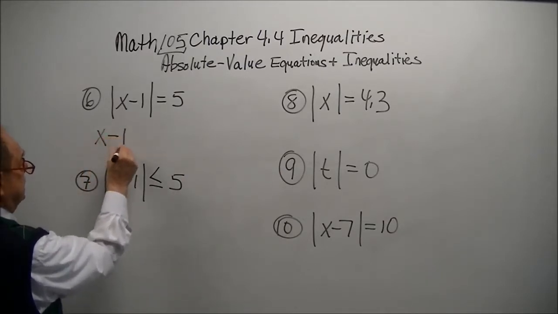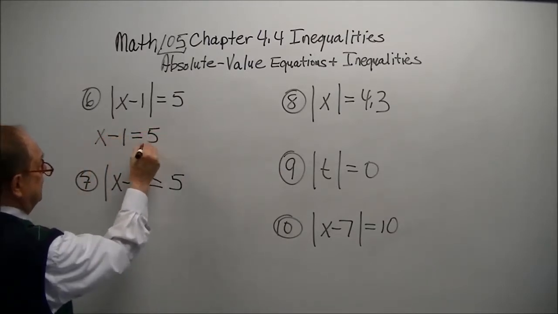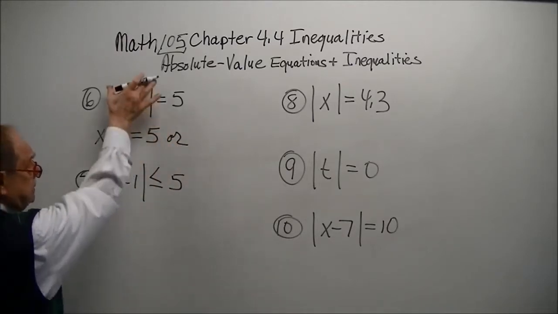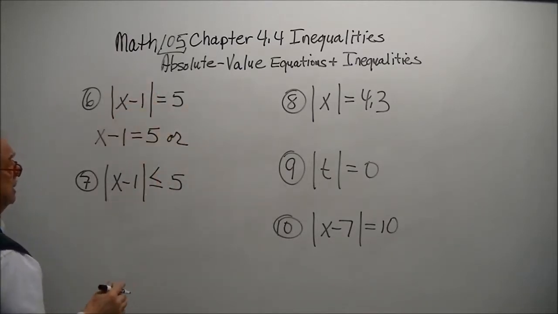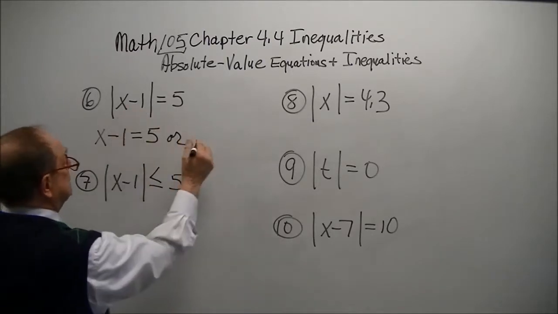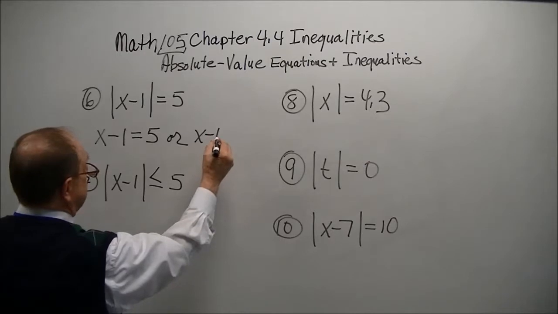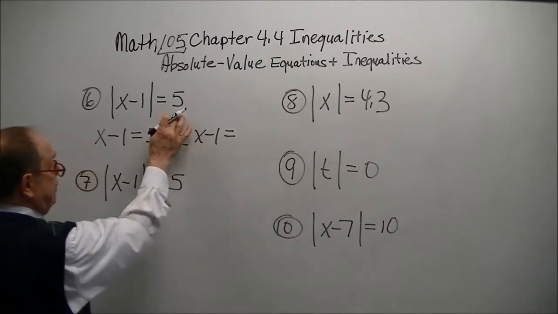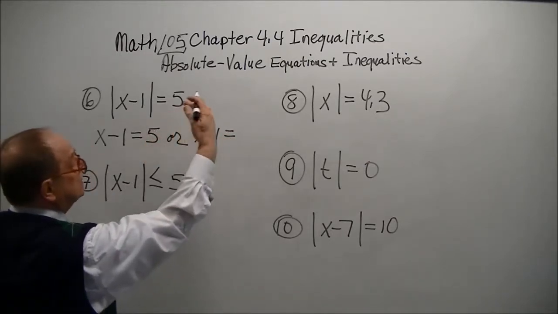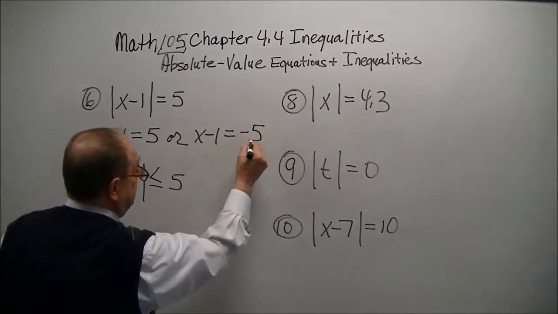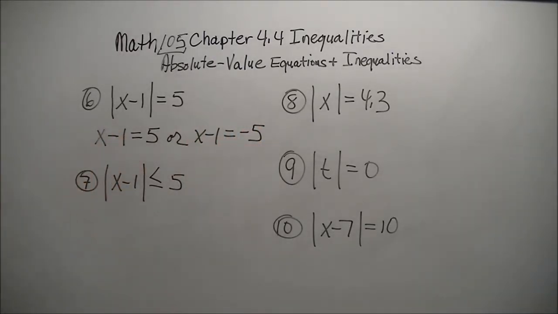X minus 1 equals 5. That would be one equation. Just take away the absolute signs. And then write what's in the absolute signs again. X minus 1 equals, now we said it could also equal its negative value, so it could have equaled a negative 5. So you get two equations out of it.